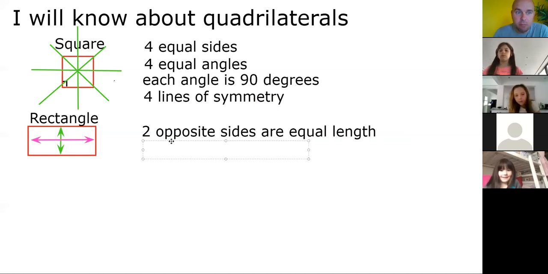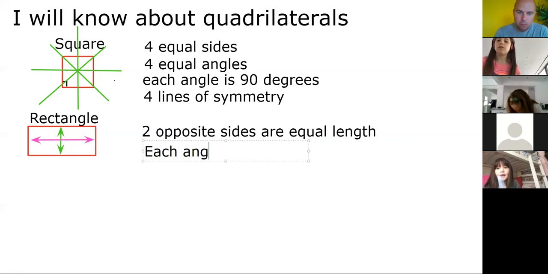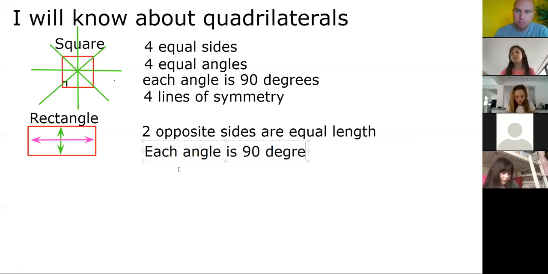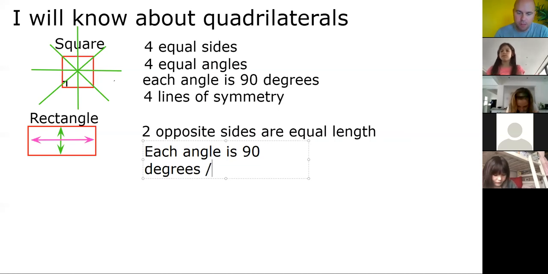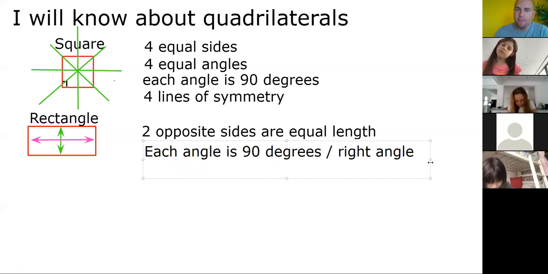Do they look the same? Yes, well done. Fantastic. So each angle is 90 degrees. So we call that a right angle, don't we? So it's very similar to a square.